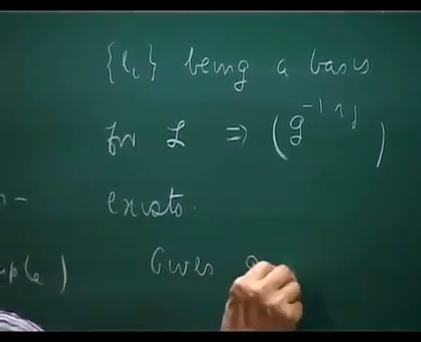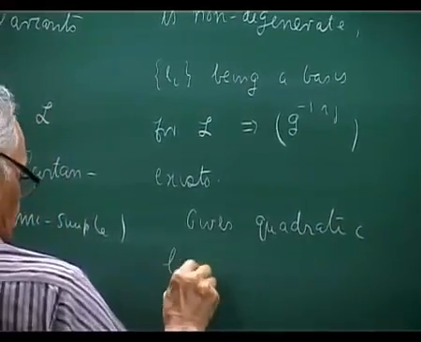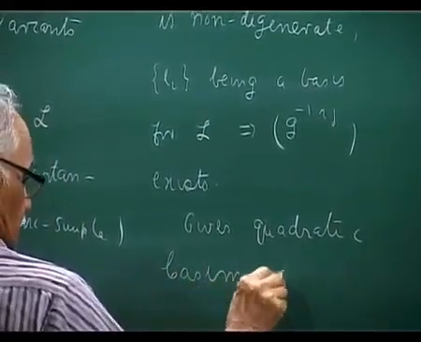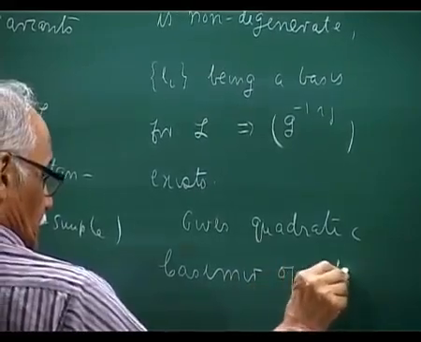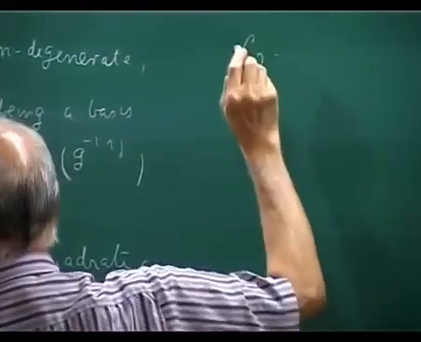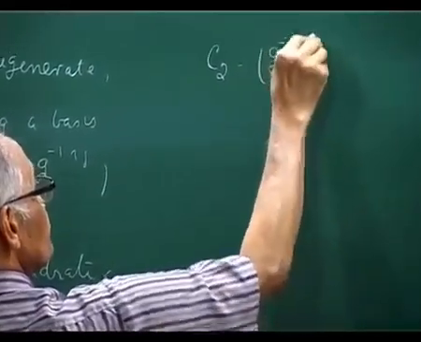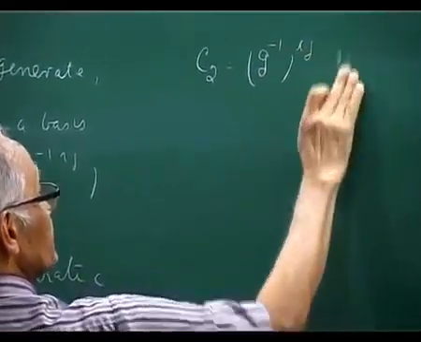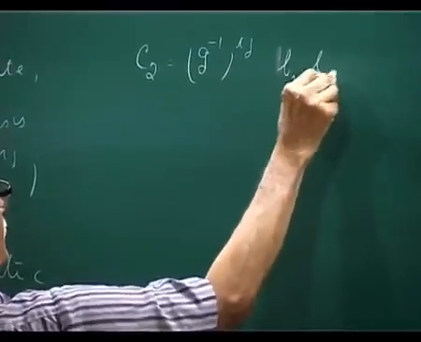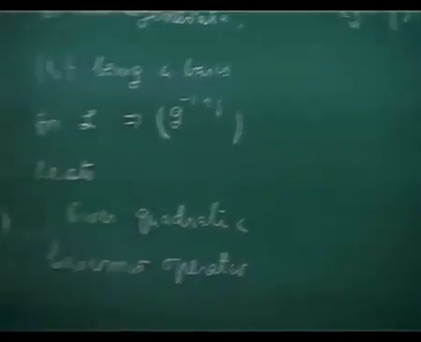So from here you could construct a quadratic Casimir operator, let me call it C2, which is G inverse ij times L_i L_j. This commutes with all the elements of the Lie algebra, so it becomes a multiple of the identity in any irreducible representation.